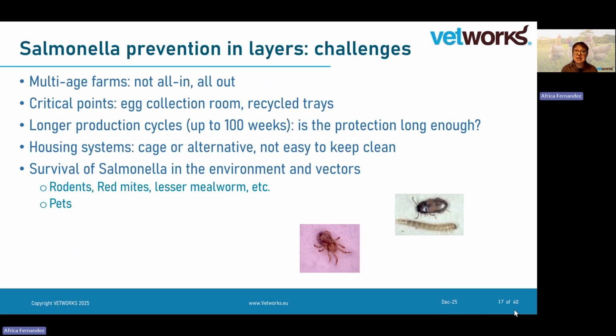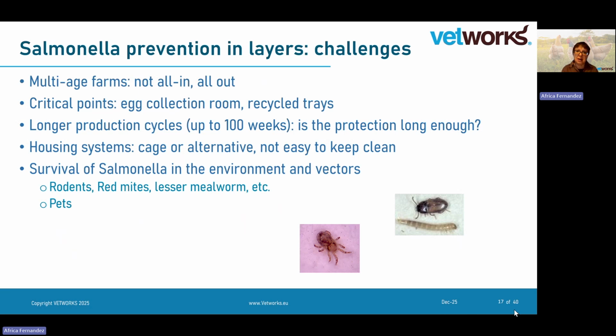And then the housing systems in layers are a little bit more complicated, more equipment, more things to clean, so more chances of Salmonella being protected by organic matter and carried to the next placement. And we should never forget that Salmonella can live in very harsh environments, and for a long time. It could live for months.